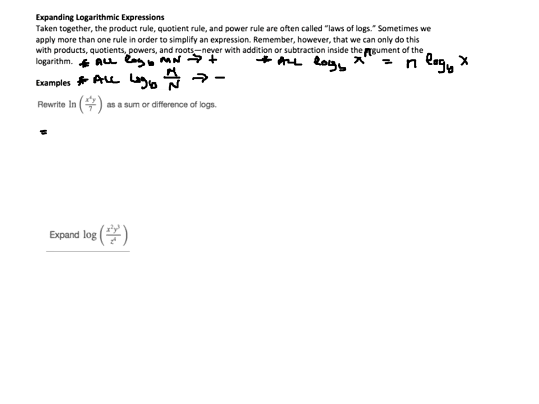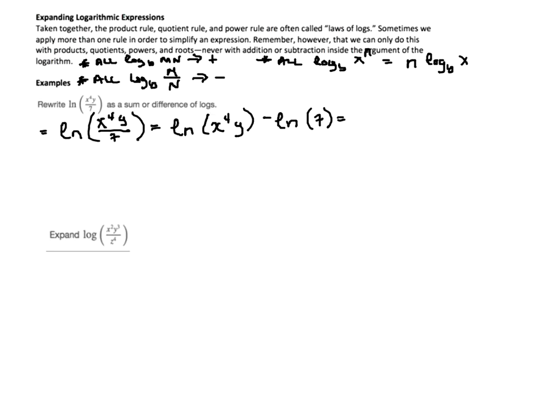So here I start out with the ln of x to the 4th times y divided by 7. Okay, so the first thing I'm going to take care of is the quotient. This is the same thing as the ln of x to the 4th y minus the ln of 7, which is the same thing as the ln of x to the 4th plus the ln of y minus the ln of 7.